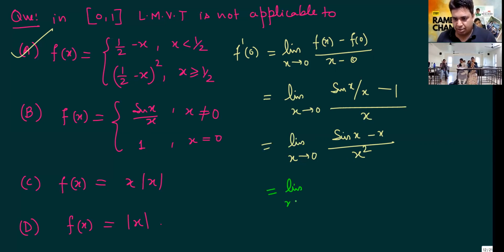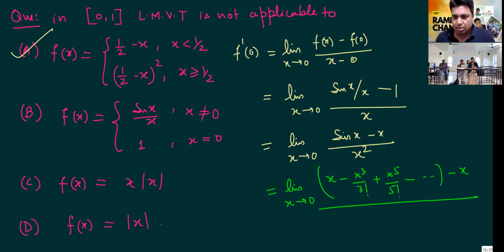What is the expansion of sin x? Can anyone tell? x minus x cube by 3 factorial plus x power 5 by 5 factorial minus and so on, minus x, upon x square.